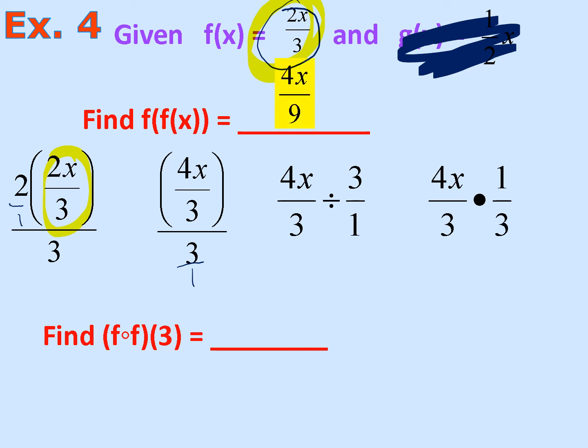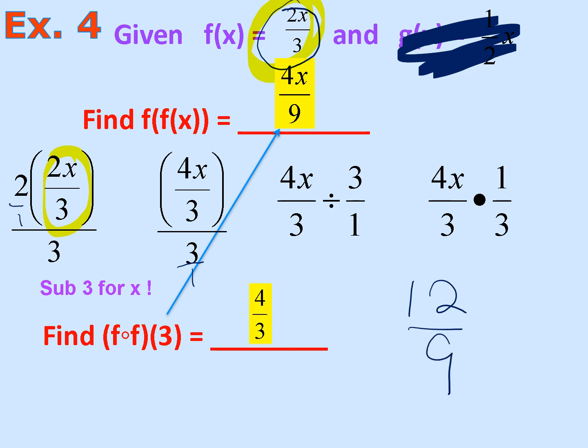So I come up with 4x over 9. Now, if they want f of f of 3, that just means I have to plug 3 into that. So 4 times 3 is 12. And 12 over 9, that reduces by 3 top and bottom, and I get 4 over 3.